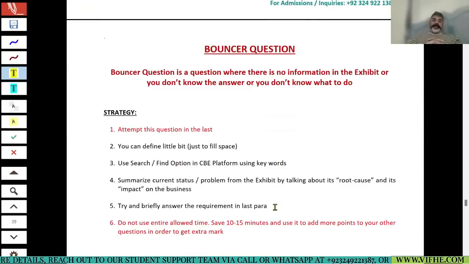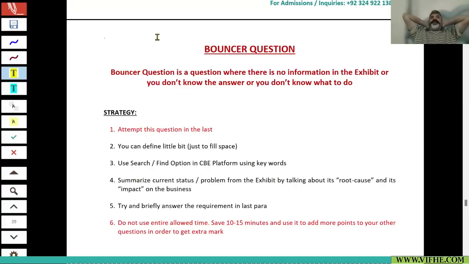The last topic for exam technique is called a bouncer question. Do you know what a bouncer question is? Can you guess? A bouncer question is a question which has no exhibit. So a bouncer question is one which has no direct exhibit.